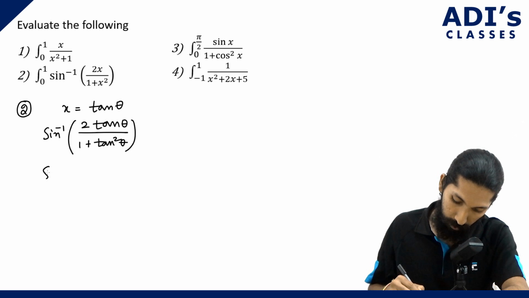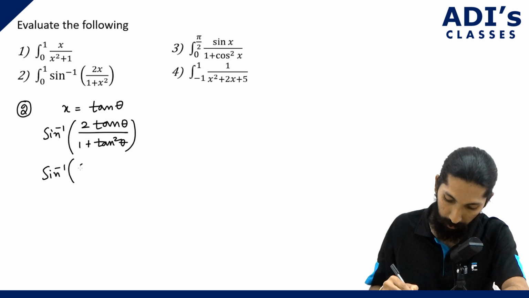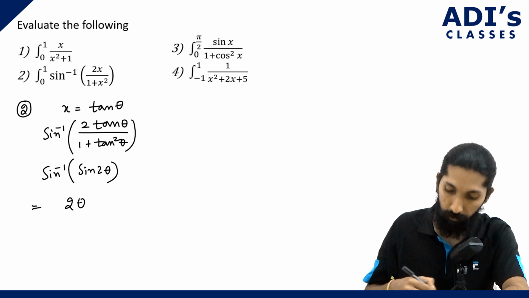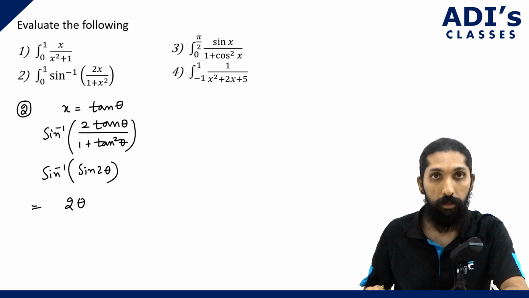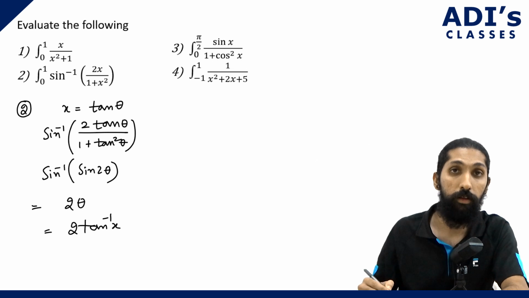This is sine inverse of sine 2 theta, correct? So the answer is going to be just 2 theta. So what is theta? Tan inverse of x. So we call this 2 tan inverse x, isn't it?